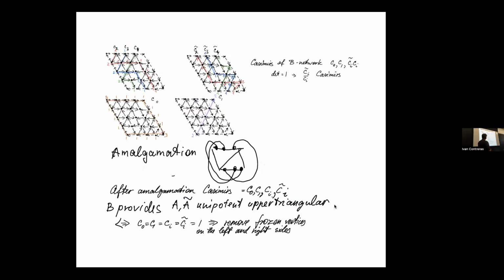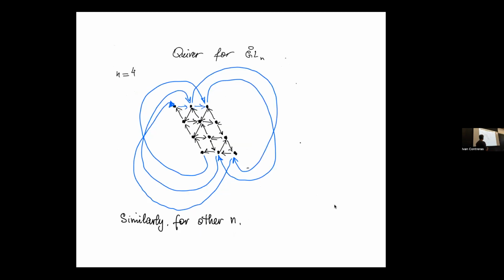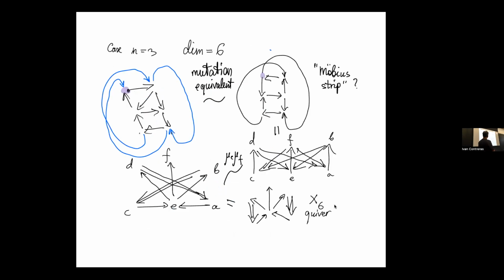So the restriction on matrix B can be formulated in terms of Casimirs of this bracket. Let me skip it because I have not enough time. But when we restrict ourselves to the right values of Casimirs, the parameters form the following quivers, like here.